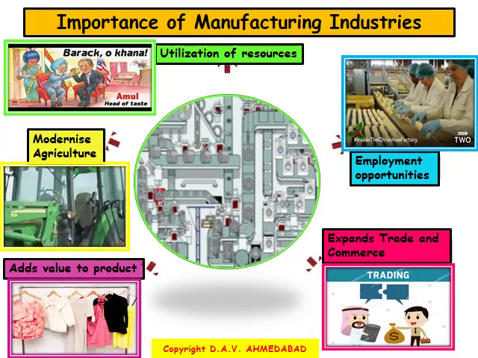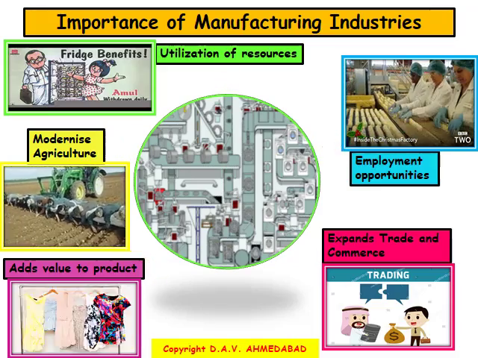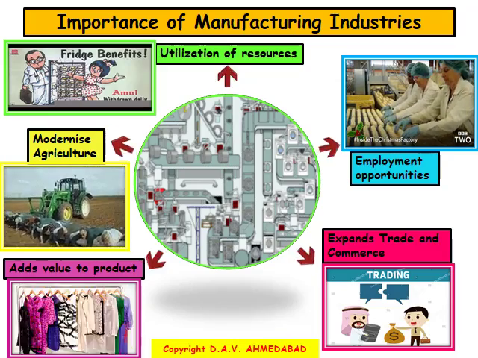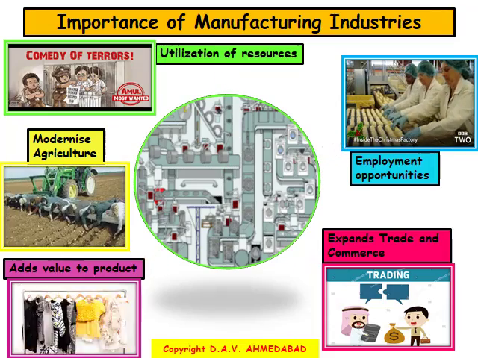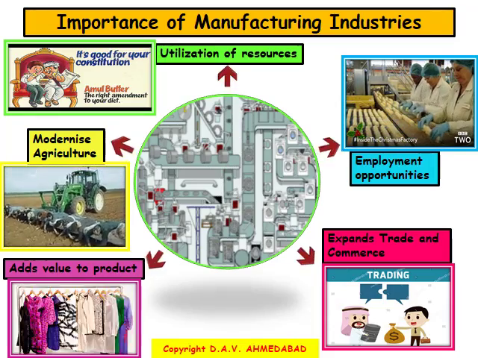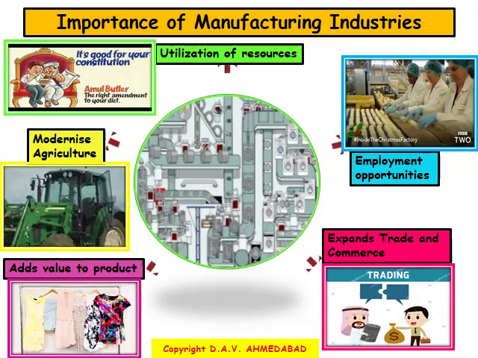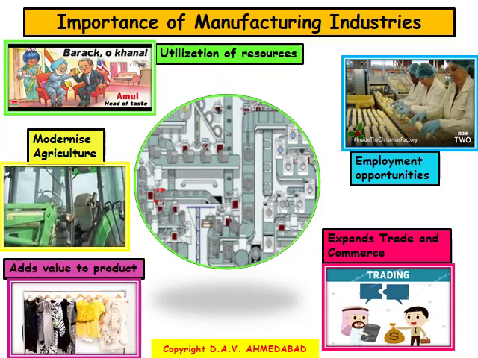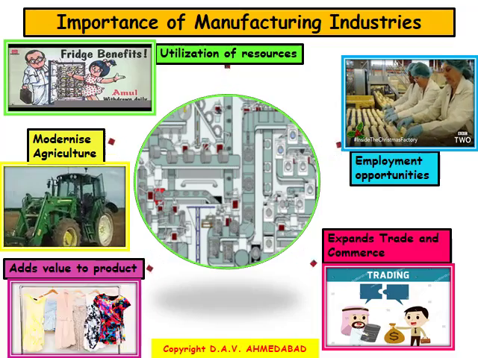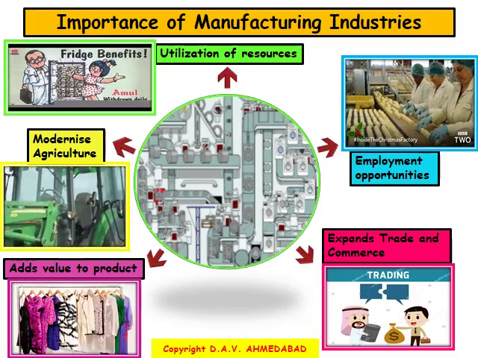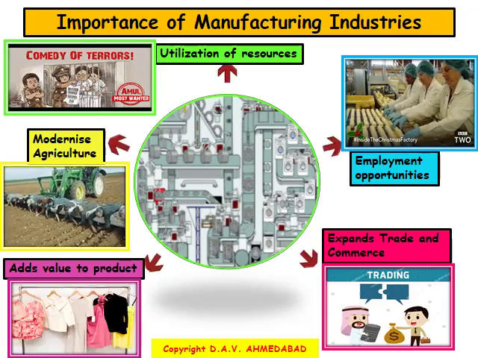Now let's say you want to buy new clothes, right? So do you go to market and buy cotton, needle and thread and make your own clothes? No. You go and purchase ready-made garments, correct? That is what industry does for you. They provide you with ready-made garments which are very attractive and you're willing to pay any price for it.